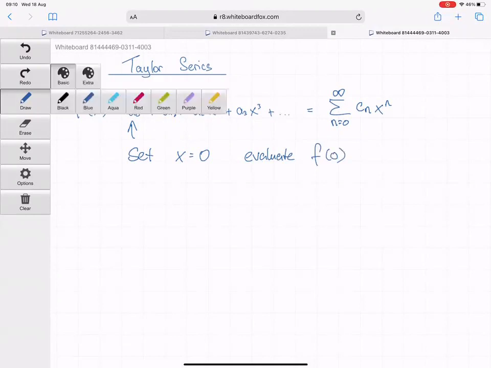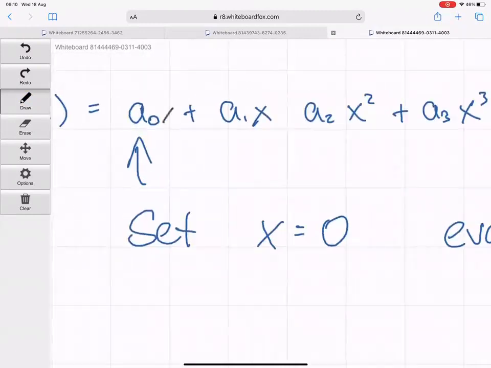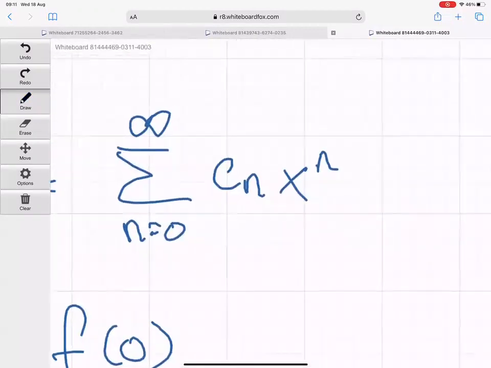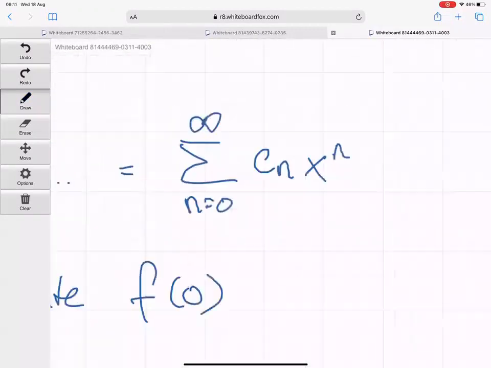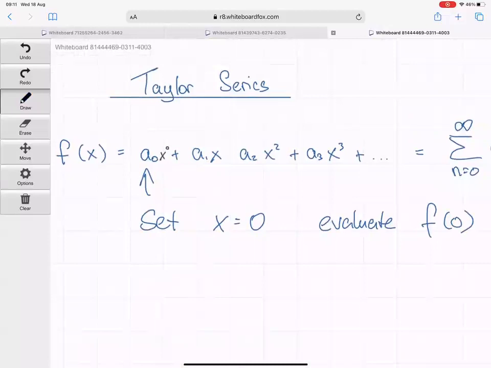So this is actually, in my opinion, a very strong argument for saying that 0 to the power of 0 is 1. Because I could have written this with an x to the 0 here. And in fact, if you look at this sum, it would have. So what I'm saying is, ignore the fact that this is here and then set x to 0.